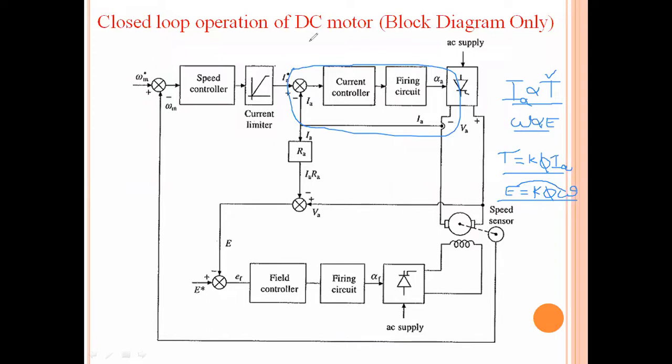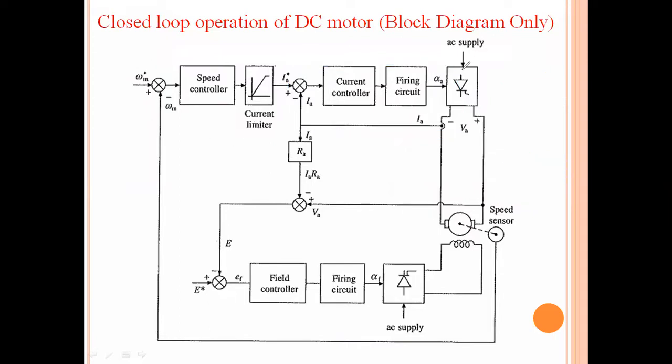Okay, and coming to the operation, see, this is the outer speed loop, because it is the outermost feedback line. So this speed loop will generate an error here, and this error is given to the speed controller. Generally, these controllers are probably a PI controller, fuzzy controllers, neural networks like that.